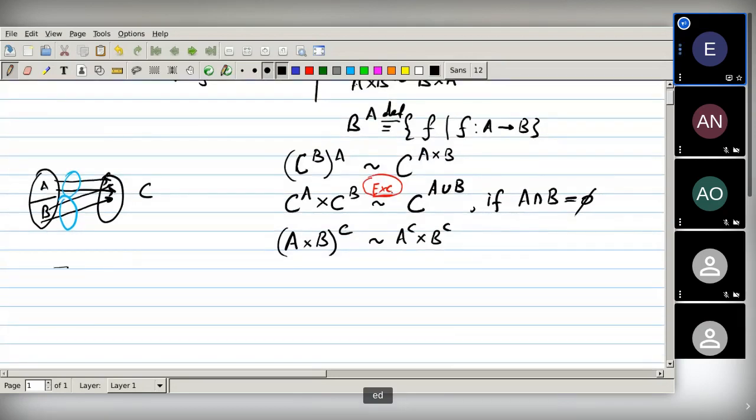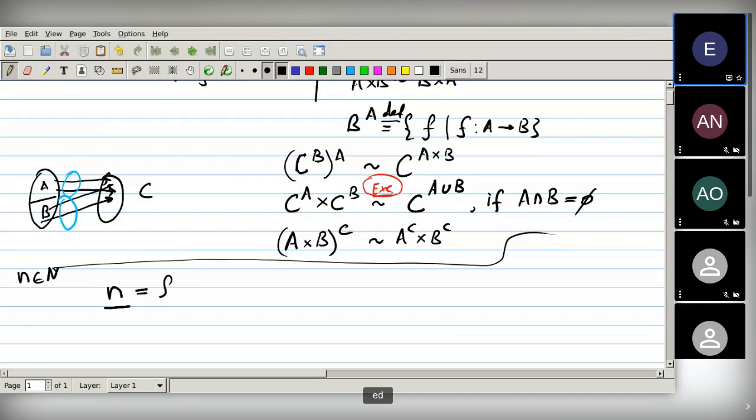Okay, what else? We have defined a very important family of sets, namely n underlined, where n is a natural number. N underlined was the set of all naturals less than n. It is the set of the first n naturals.